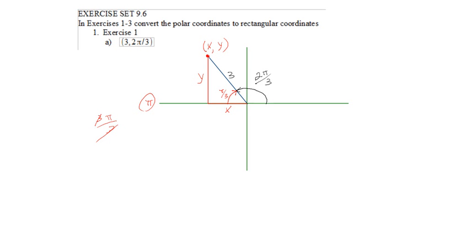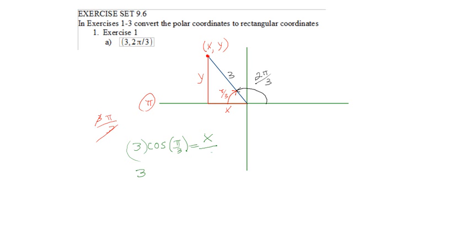So for the adjacent, we use cosine, because I know that cosine of pi over 3 is the adjacent side over the hypotenuse. The adjacent is x, which we don't know yet, so I put equals x over the hypotenuse, which is 3. That means if I multiply the cosine of the angle times 3, I will get x. So to get x, I put 3, and then what's the cosine of pi over 3?